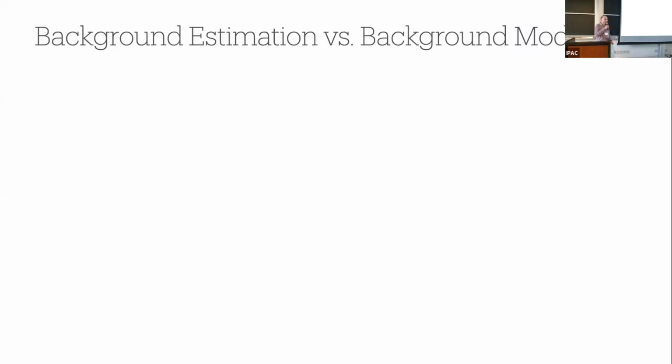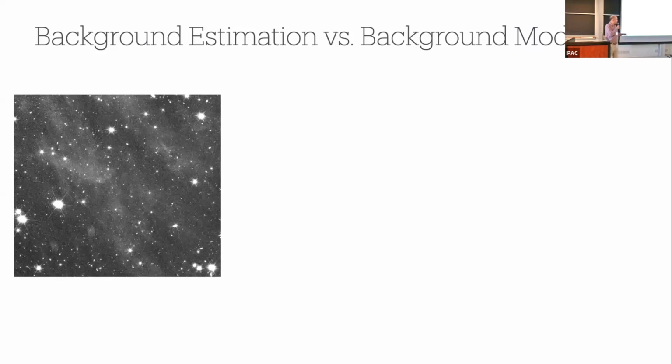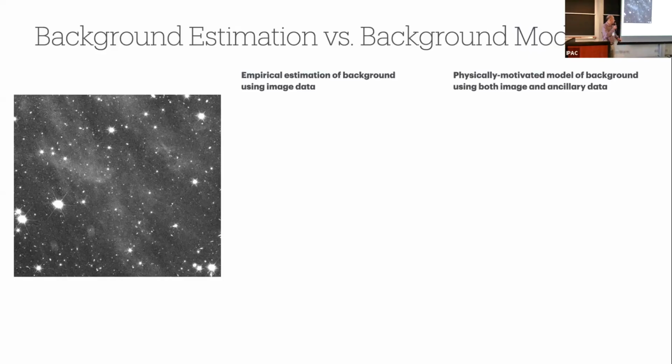And so to motivate our approach to looking at this type of data, I want to distinguish between what I'll call background estimation with empirical data and background modeling. To illustrate it, I picked out a particularly nasty region in that ERO image where you can see some really nasty galactic cirrus and some bright stars in there as well. And so I'm considering two different approaches here.